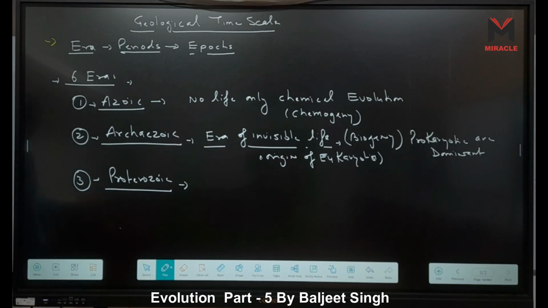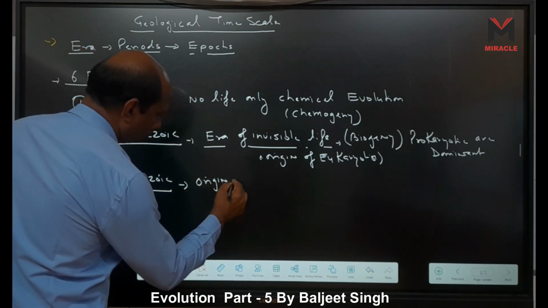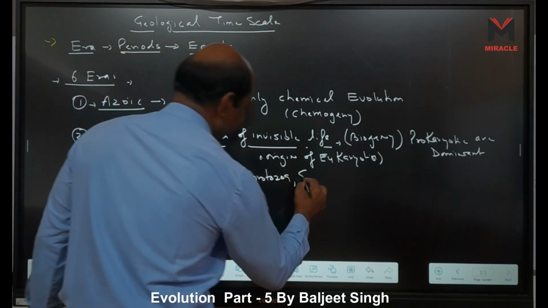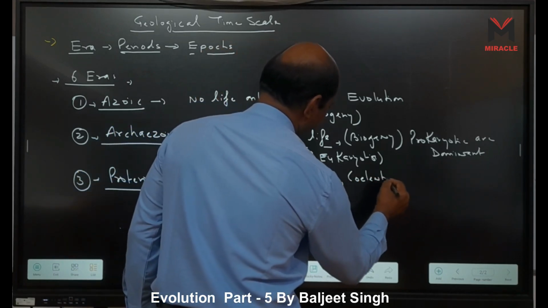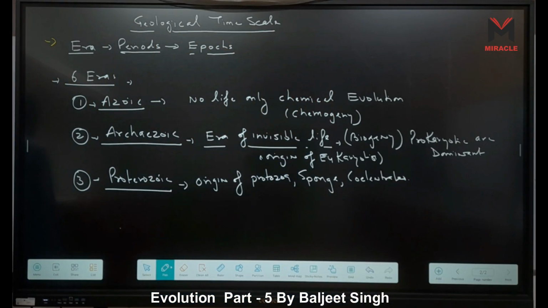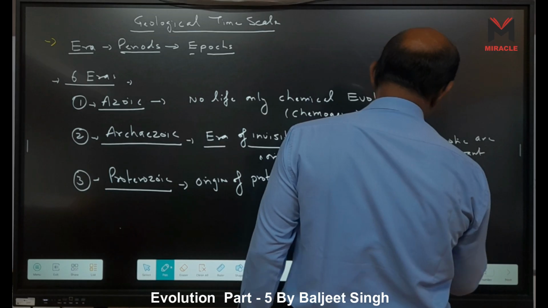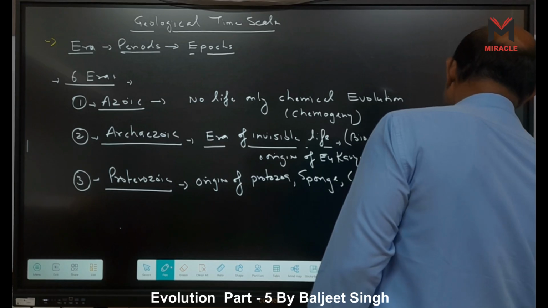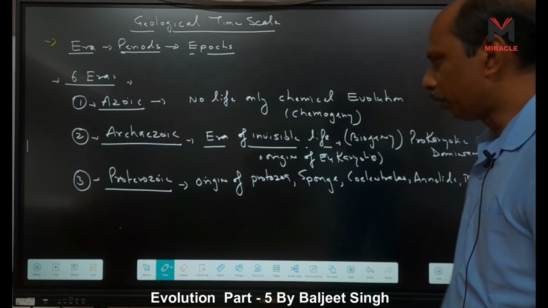Origin of sponges. Starting from protozoa, sponges, coelenterates, these primitive types of animals are found here, and they are abundant. Up to Annelida and Mollusca also, this is the origin of them.